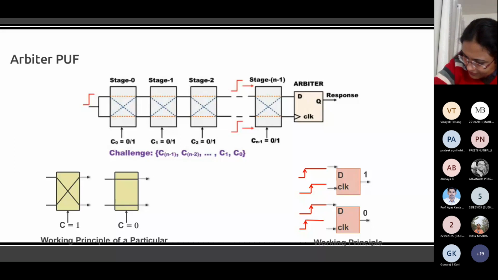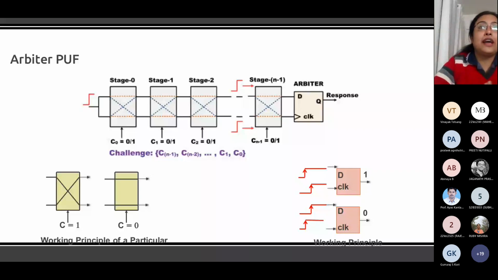Ma'am, I just want to ask, how many minimum stages should there be to get different responses? See, this is a very nice question. Suppose we give 3 stages. Propagation delays are very small. Maybe if we just give the D flip-flop after 3 stages, it will always be a reset condition.